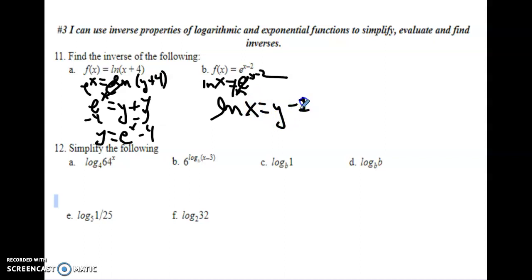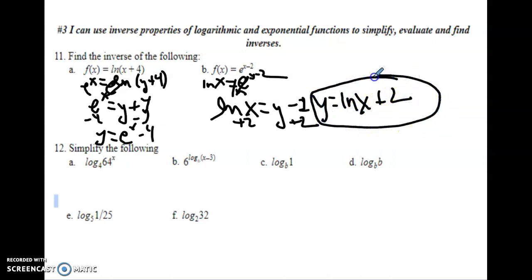To get the y alone, I'm just going to add a 2 to both sides. So y is all alone, y equals natural log of x plus 2. And that would be your final answer.